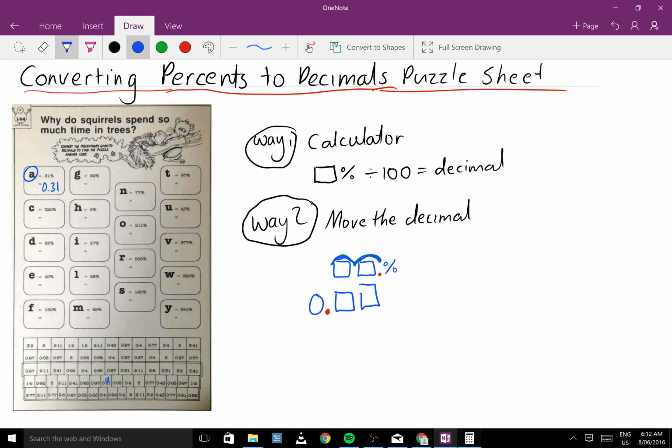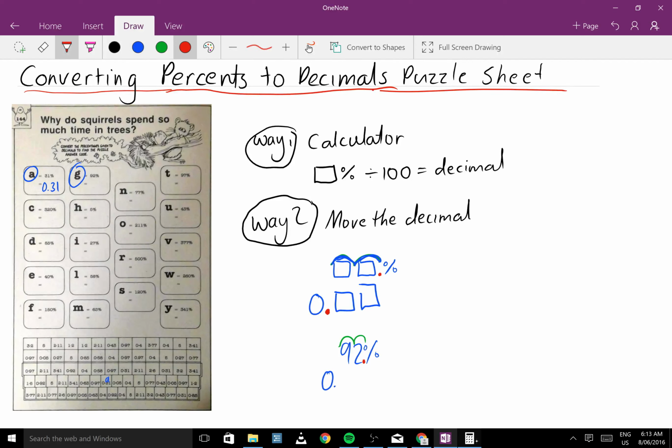If I've got 92%, so this is question G, 92%. There's a decimal point after the 2. And to change that to a decimal, I just go 1, 2 jumps, and I go 0 point.